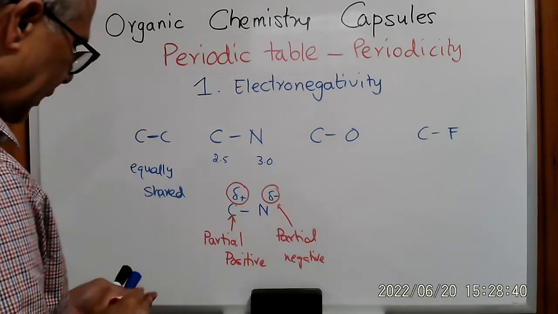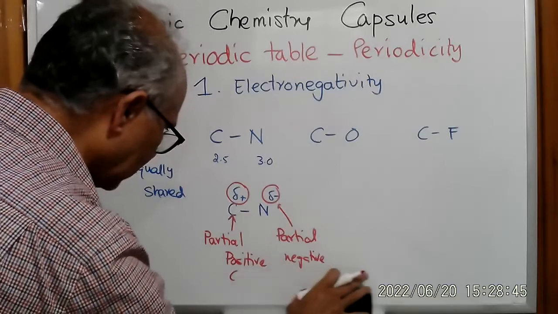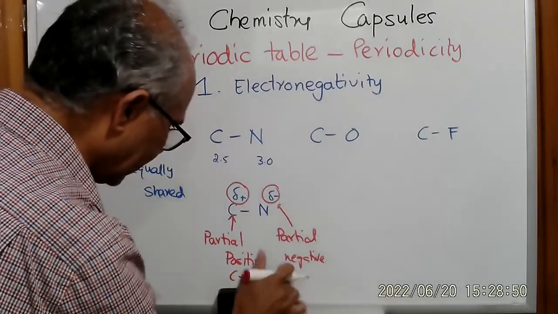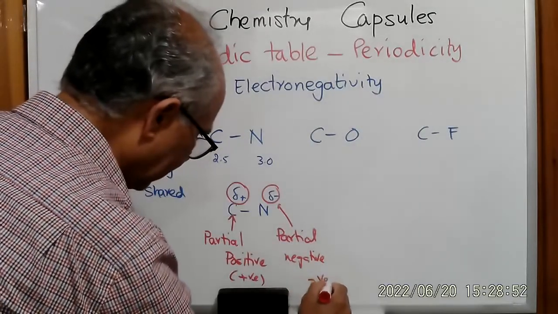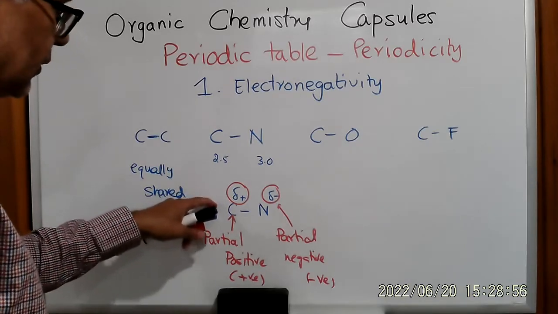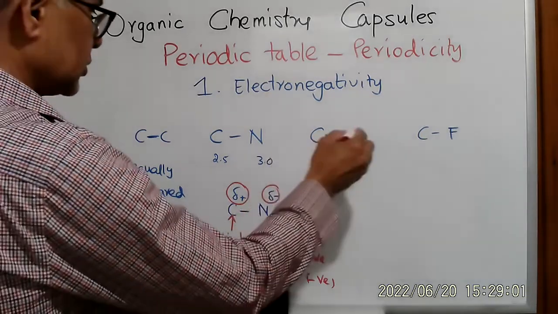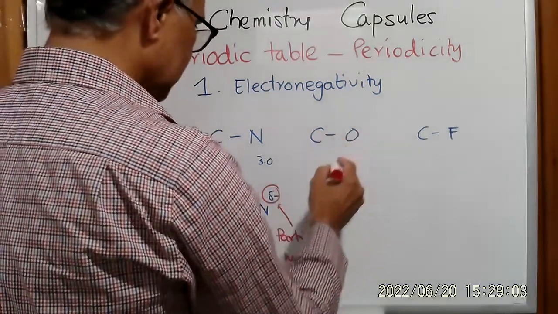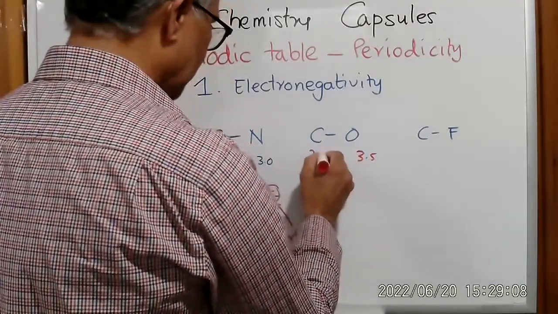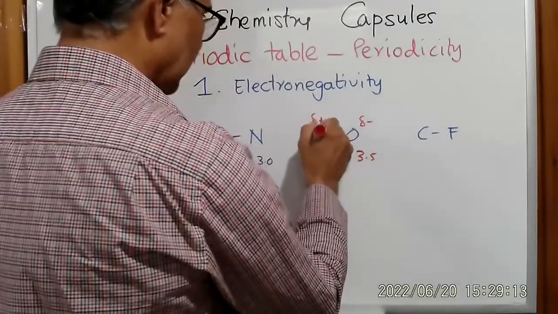Okay, and many times I tend to abbreviate partial positive and negative like that, with plus and minus signs, just shorthand. But carbon will have a partial positive charge, nitrogen will have a partial negative charge. Now, if we move to carbon, oxygen, oxygen electronegativity is 3.5, this is 2.5, so again oxygen will have a delta minus, carbon will have delta plus.